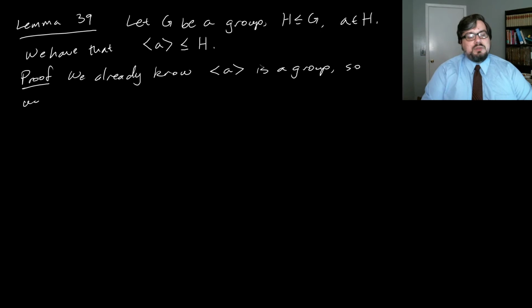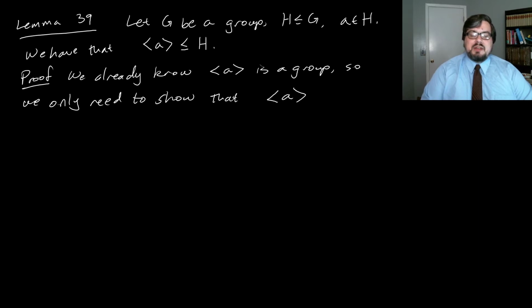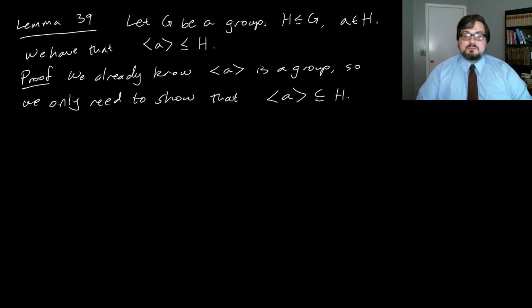So we only need to show that the cyclic subgroup generated by a is contained in H. As long as we show that it's contained in H, then we already know it's a group, so it has to be a subgroup of H.